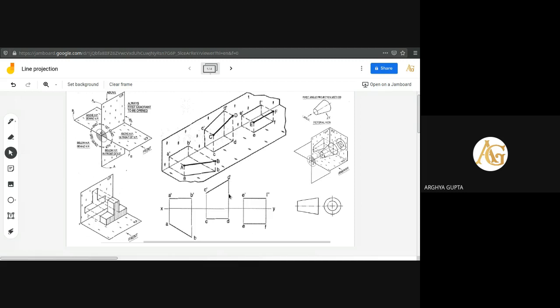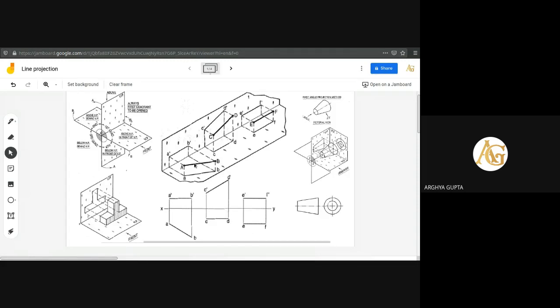C is some distance in front of the vertical plane, so that distance is taken here and the line is cut. Only the two views of the line will be dark, otherwise the projection lines will be thin.